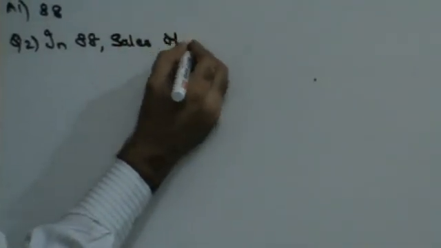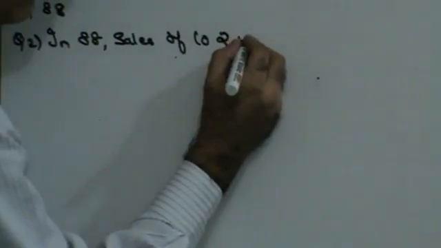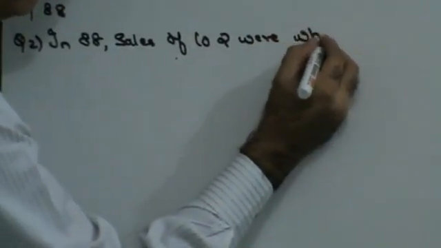In the year 1988, the sales of company 2 were what percent of sales of company 5?